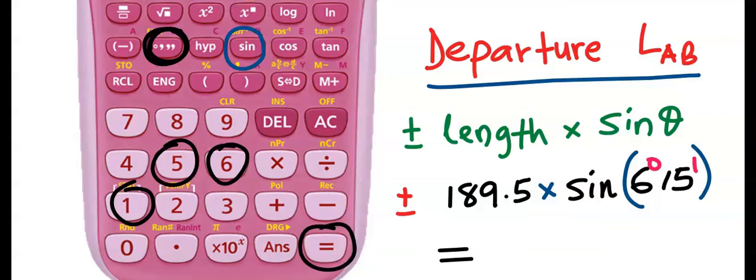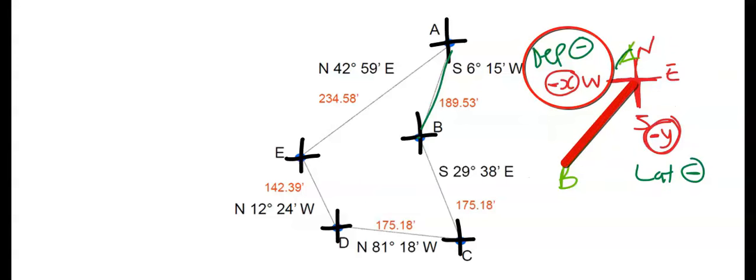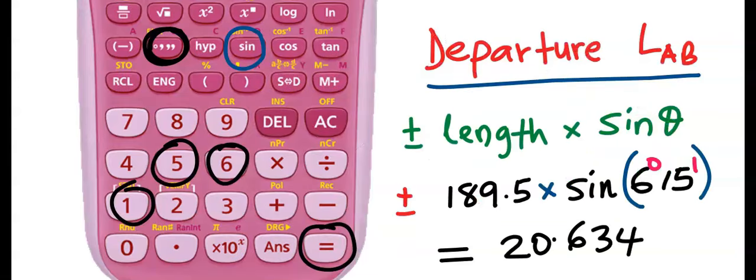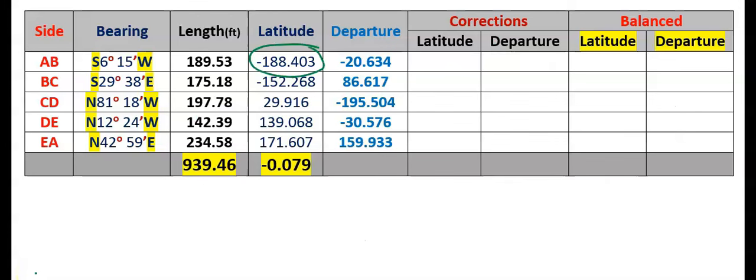If you have done this carefully, you are going to get 20.634. Now let's consider if it's going to be minus or plus. From A to B, the departure is negative. Hence, here is going to be a minus. And here we have gotten our latitude and our departure for side A to B. We are going to repeat this for B to C, C to D, D to E, and E to A.